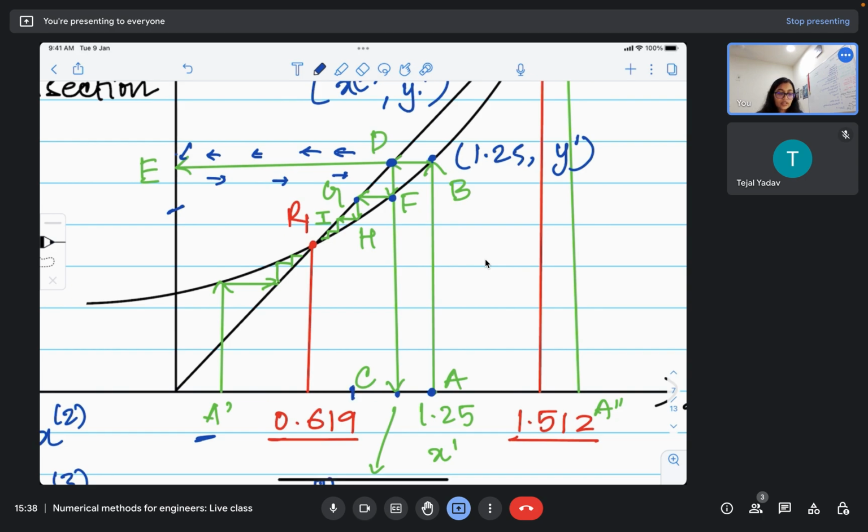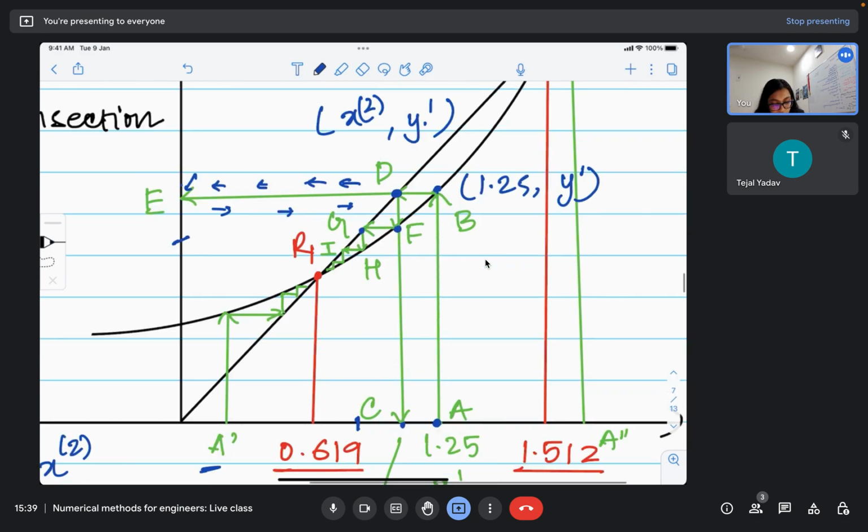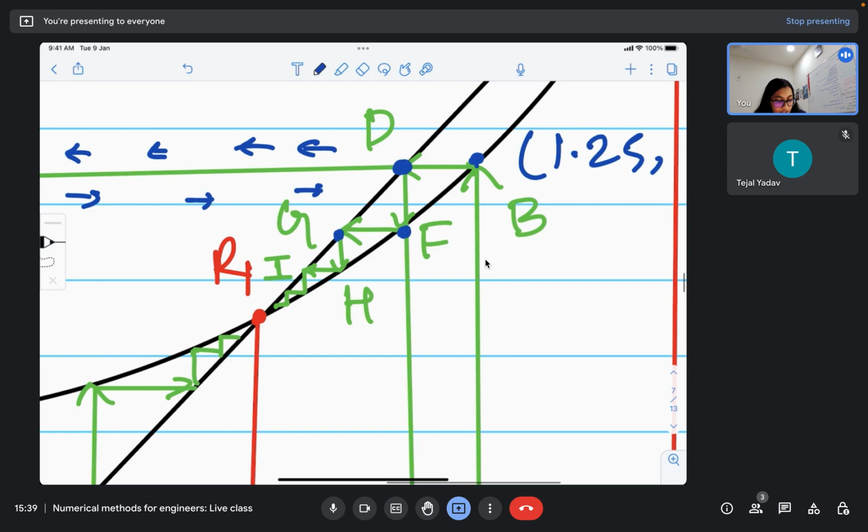So far I have been telling you about traveling from the x-axis to the y-axis, back to the x-axis, back to the y-axis, right? So ultimately let's understand what we are doing. You can just focus on this area. When we have that value of x, the first iteration, we were at this point.